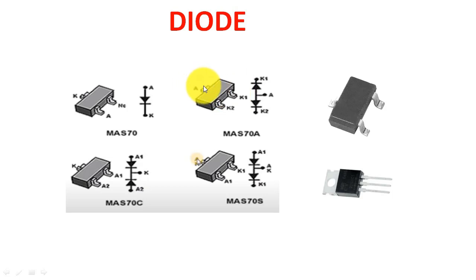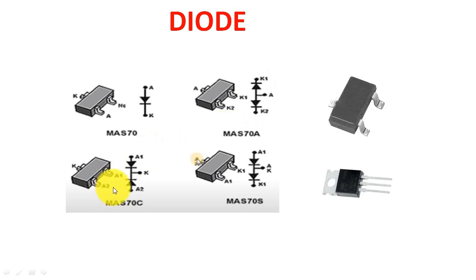So there is a common anode and two other cathodes. If that is the input, the same output will appear on both.